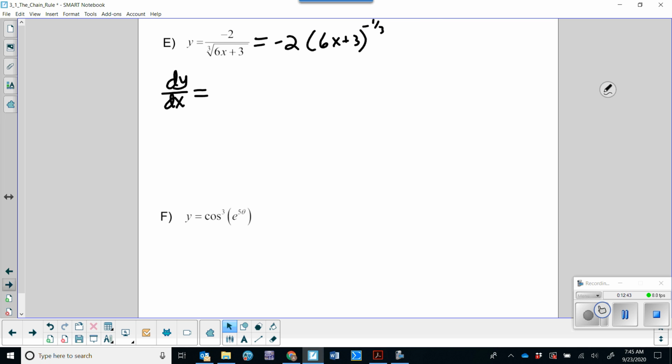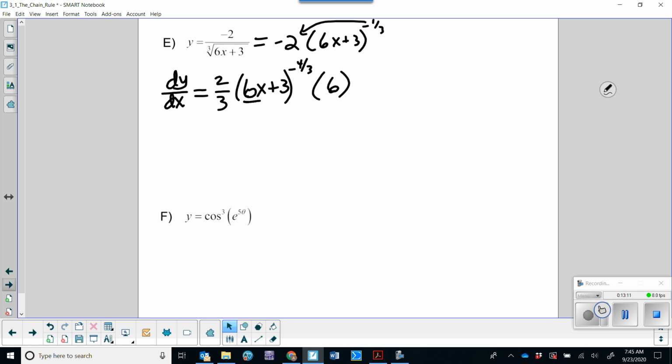So now I'm going to do the derivative. So again, I write dy dx. So I have a power with an inside, so again, same thing. I'm going to multiply, so I get 2/3, leave the inside alone, and then lower the power by 1: -1/3 minus 3/3 would be -4/3, times the derivative of the inside.